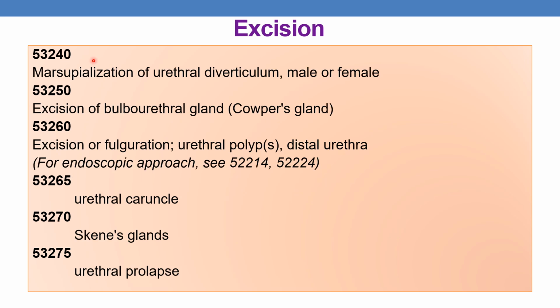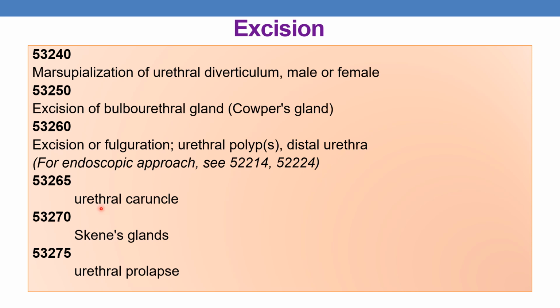The next is 53240, marsupialization of urethral diverticulum, male or female. The next is 53250, excision of bulbourethral gland or Cowper's gland. The next is 53260, excision or fulguration of urethral polyp, distal urethra.